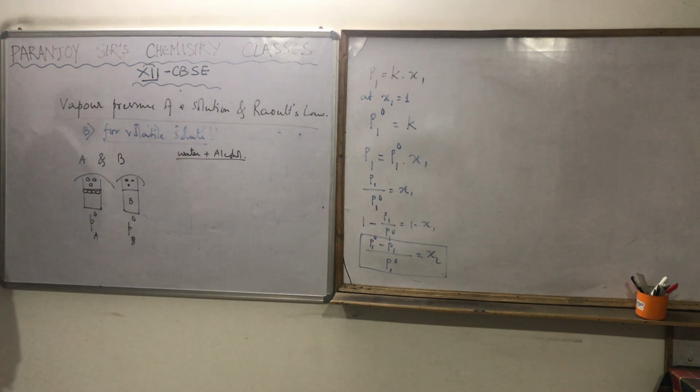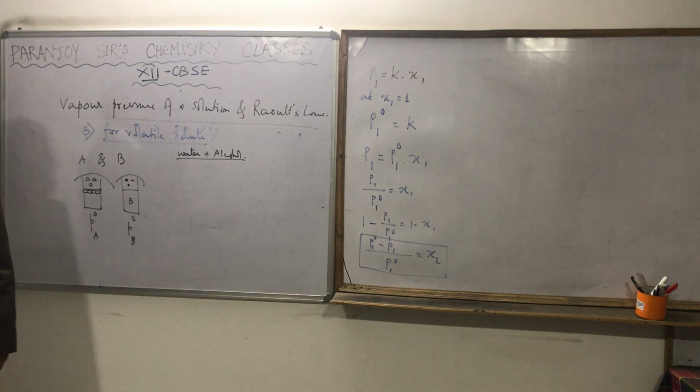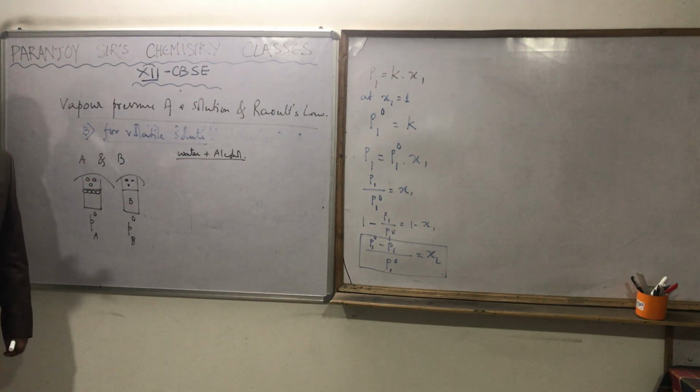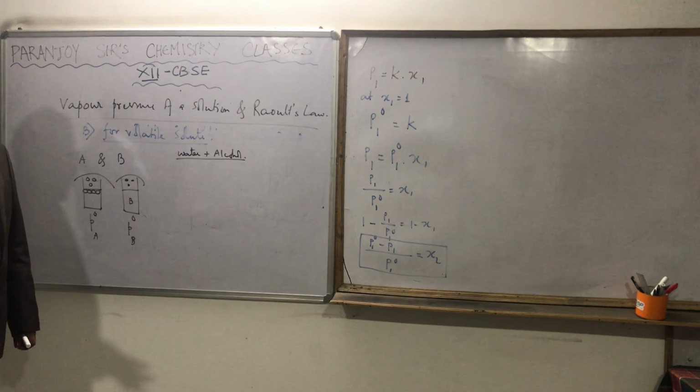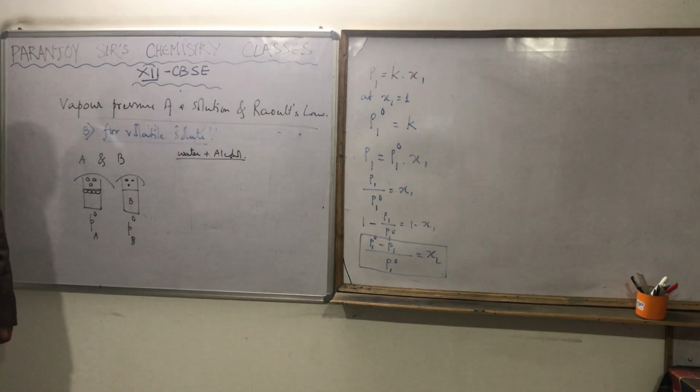That's the vapor pressure of B in its pure condition. Now which is greater? PA0 is greater or PB0 is greater? That depends on the nature of the liquid. Whichever is more volatile, its vapor pressure is more.